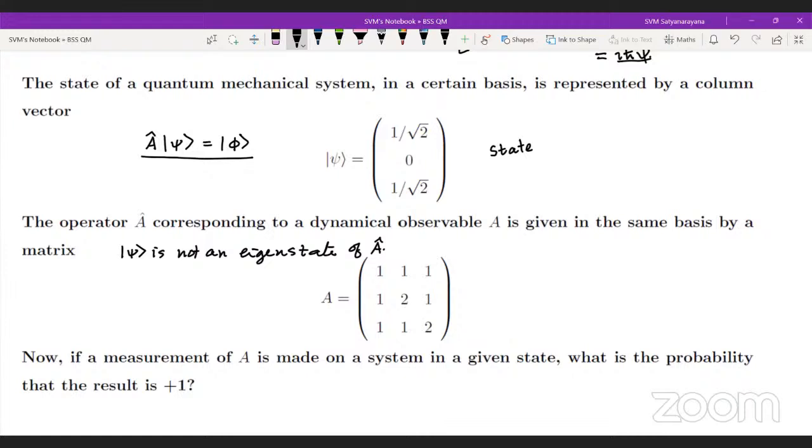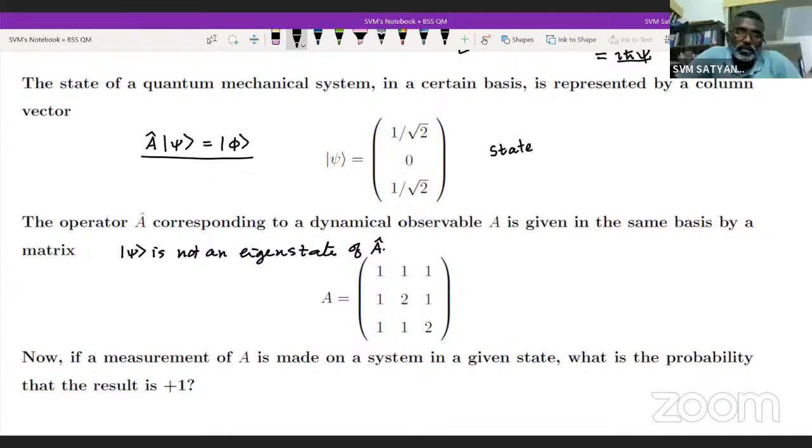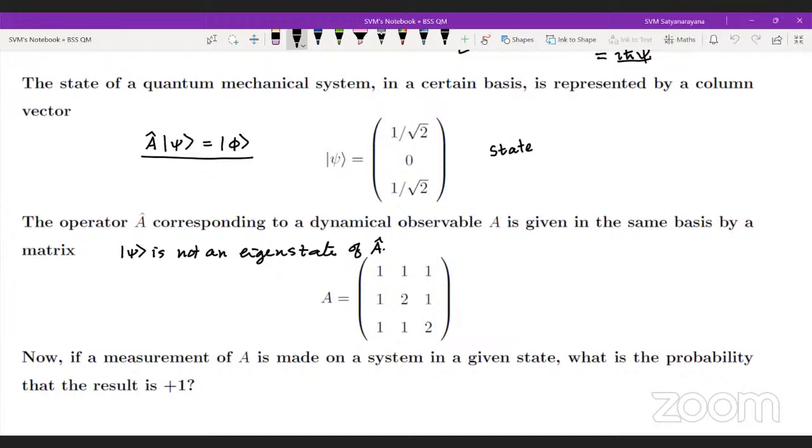Yes, sir. So then what else should we do? What can we do now to answer this question? Then, sir, how can it give any measurement?